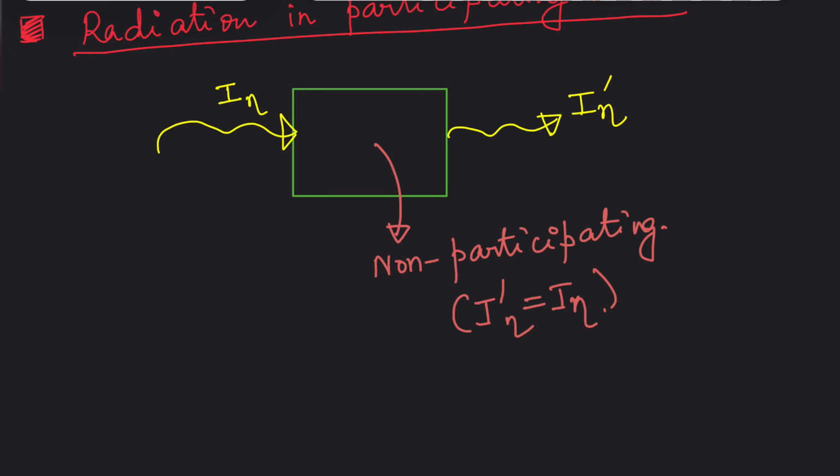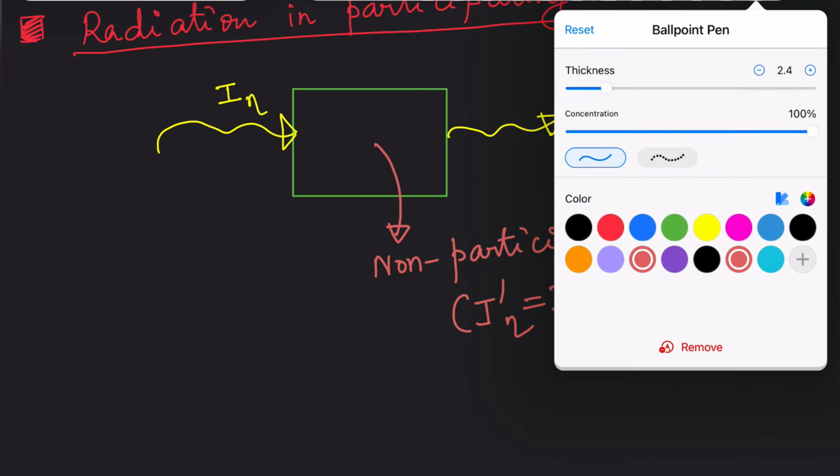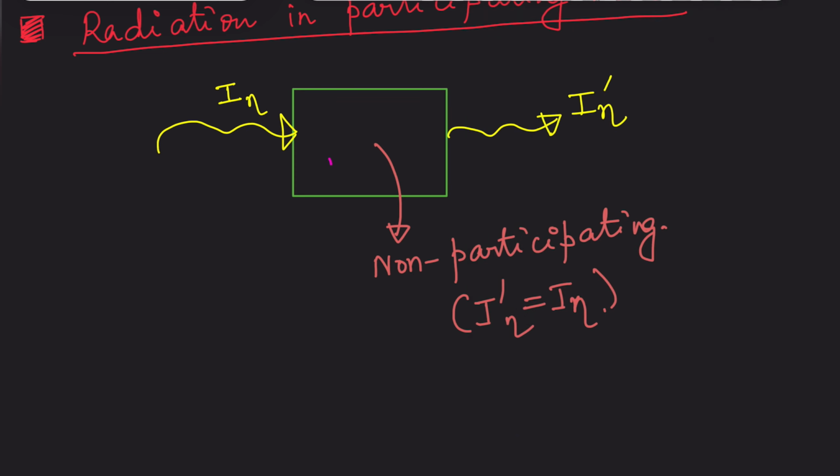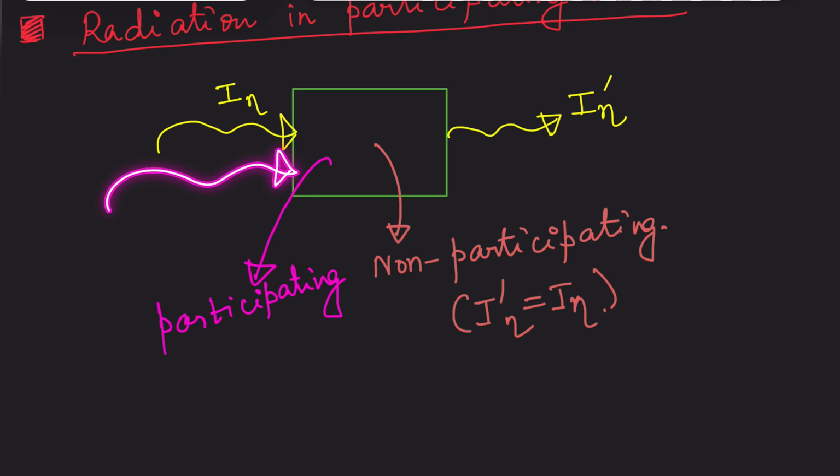Now, if the media is participating, then what can happen? So again you are driving through this road, in between this road when you are here, another car is here, and that is why you think, okay, now I need to slow down, but after you overtook the car, then again you think, okay, now I can speed up.